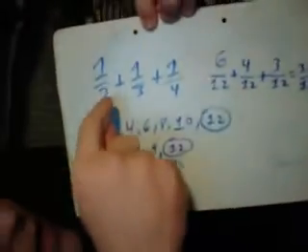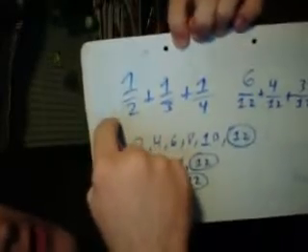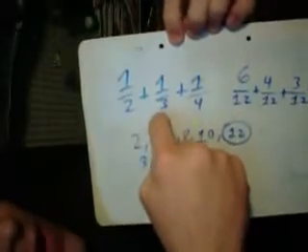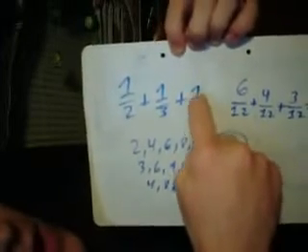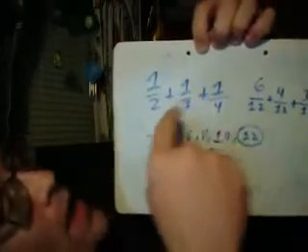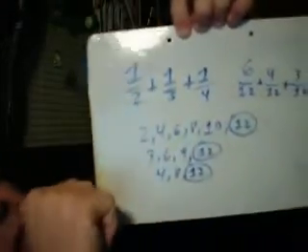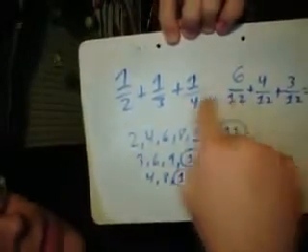So what we're going to do is take this number here times 6 over 6, this number here times 4 over 4, and this number here times 3 over 3. Now, if you take 1/2 times 6/6, it will come out to be 6/12.